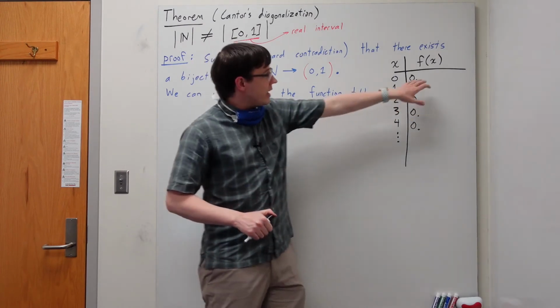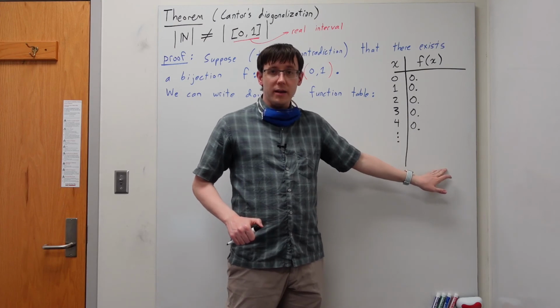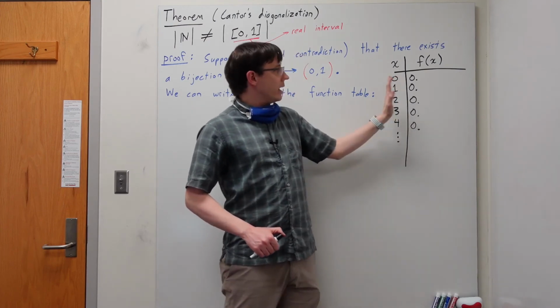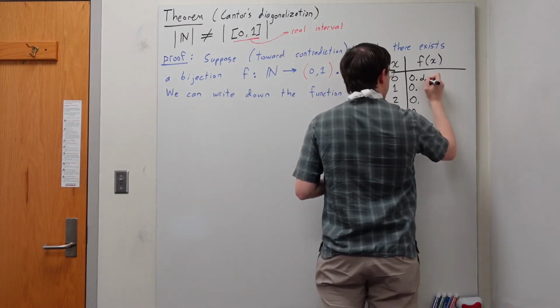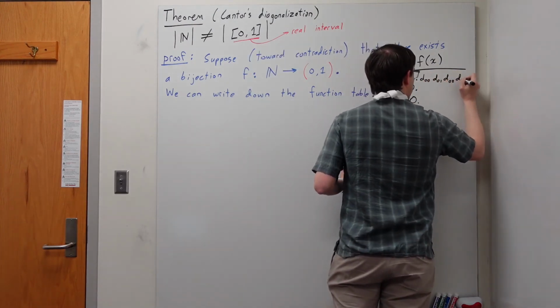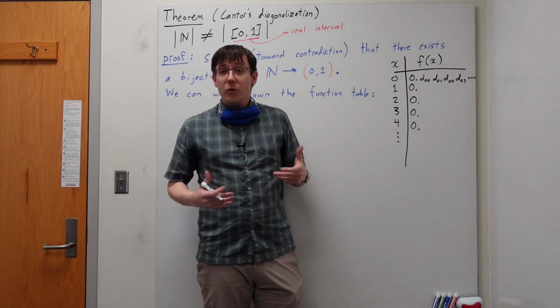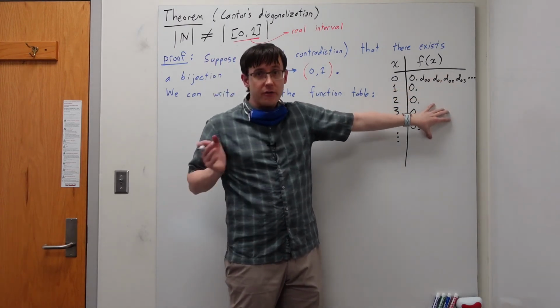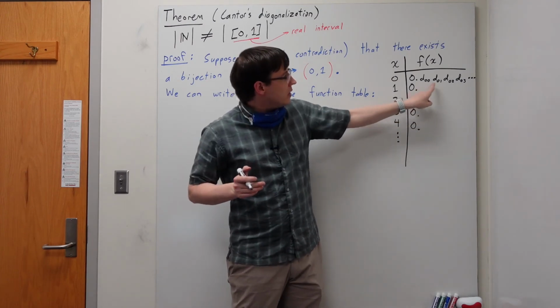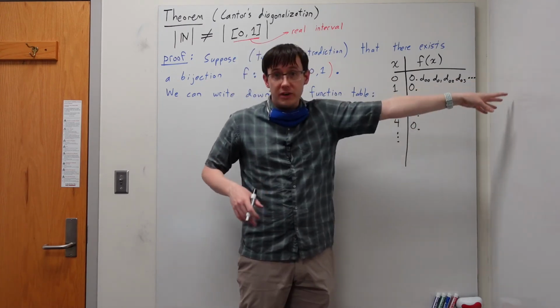So that means that every entry in this right-hand column has some string of decimal digits going off to infinity. And so we don't know what those digits are since we're thinking about a generic function, but we know that there must be some string of digits.